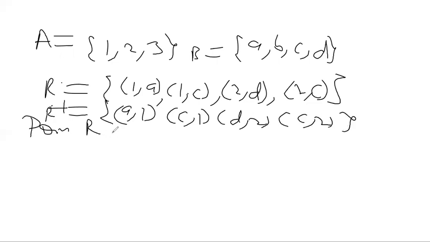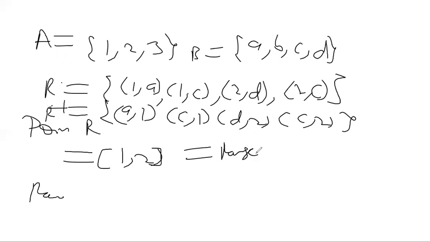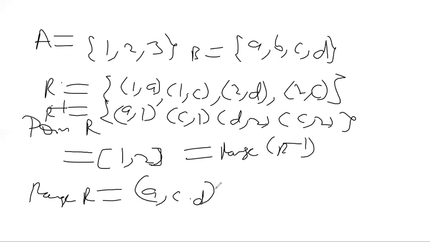Now domain of R will be equal to {1, 2}, because we don't have to repeat any. And then range of R is also equal to range of R inverse, as we were talking about before. Now range of R is equal to {a, c, d}, which is equal to domain of R inverse.